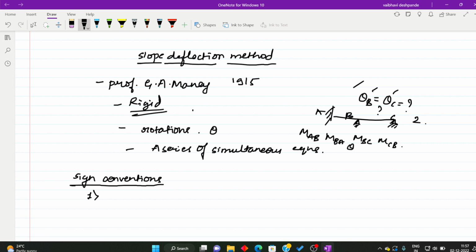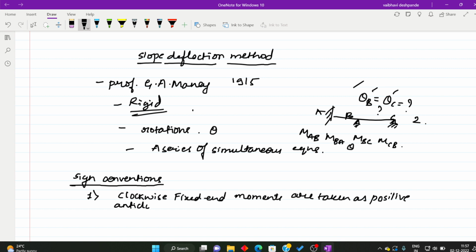First one is the clockwise fixed end moment is taken as positive, and the anti-clockwise fixed end moment is taken as negative.